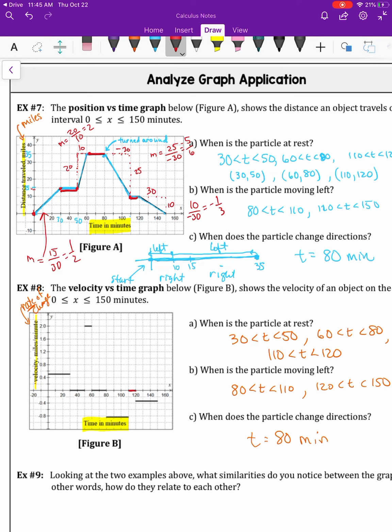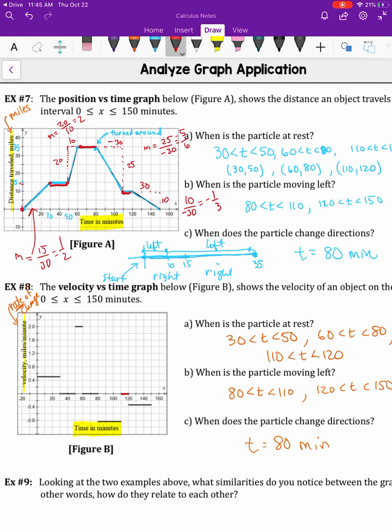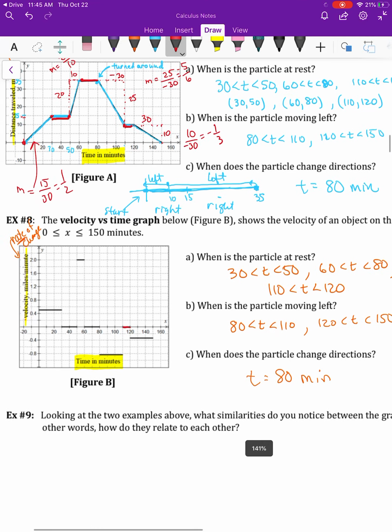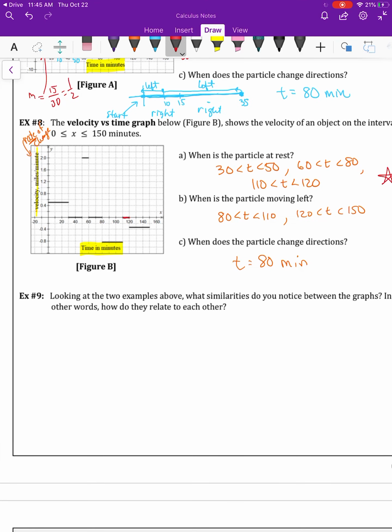Actually, I did 15 to 30, but it might have been a little bit of a different graph. Because right here, I'm rising 5, 10, and I'm running 10, 20, 30. Yeah, I think this graph might be different than what she had on her paper because I got 1/2.